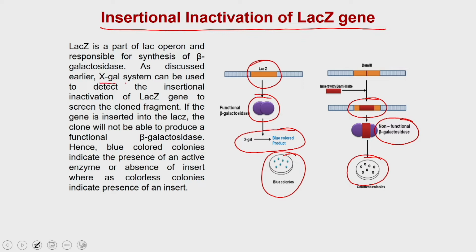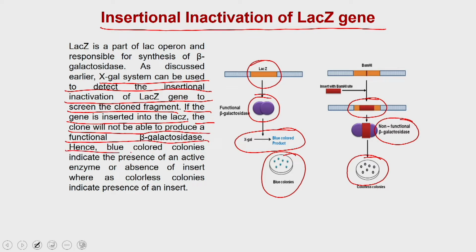So, the X-gal system can be used to detect the insertional inactivation of the lacZ gene to screen the cloned fragment. If the gene is inserted into lacZ, the clone will not be able to produce a functional beta-galactosidase.